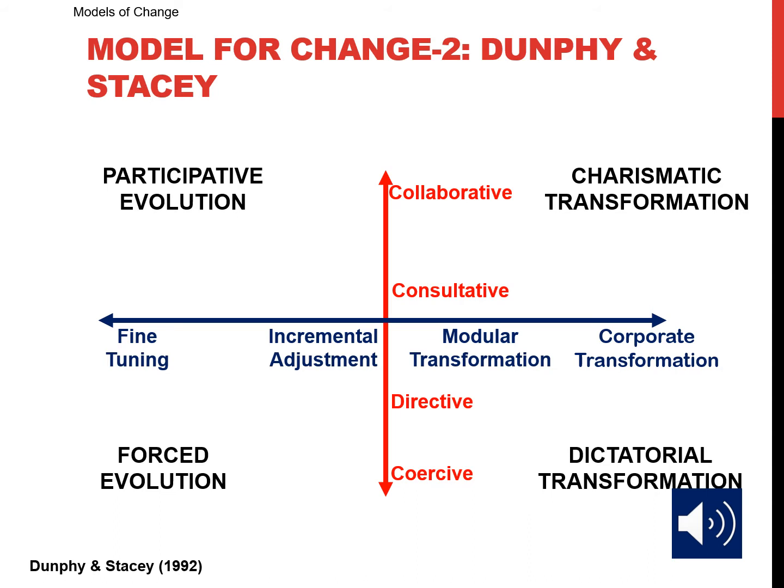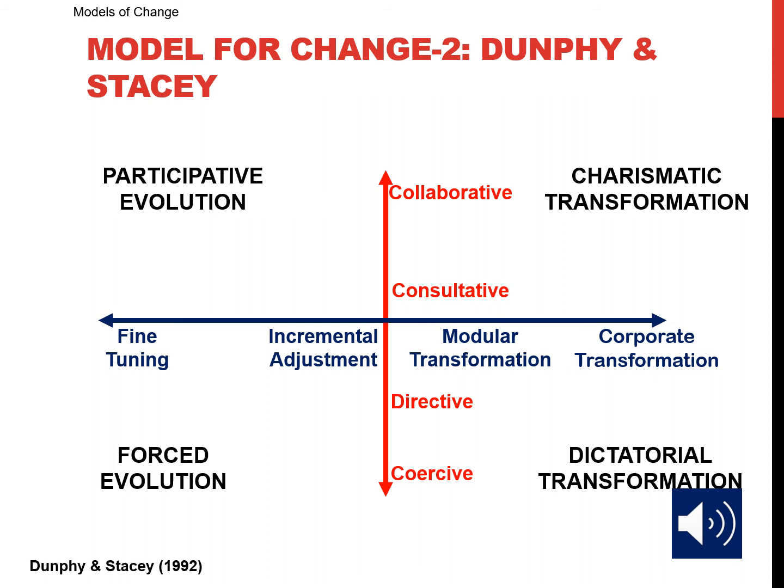This model is a contingency approach. The argument is that the style of change depends on two things. First, the scale of change, and second, the reception of organizational members for engaging in the project. On the vertical axis, you can see that the style of change can be from collaborative to coercive.